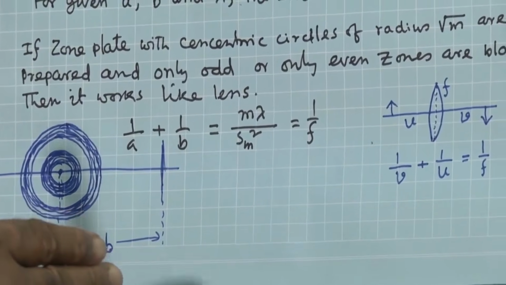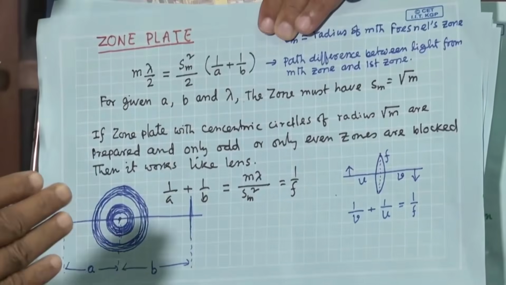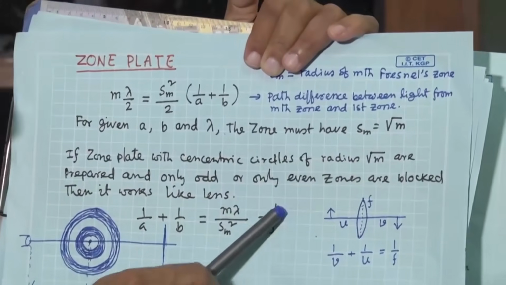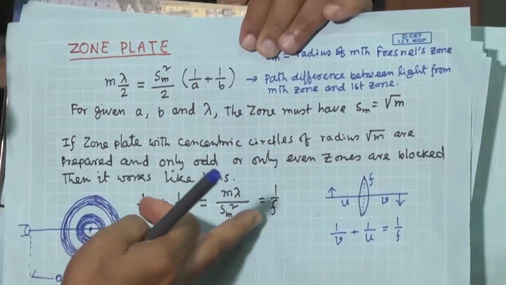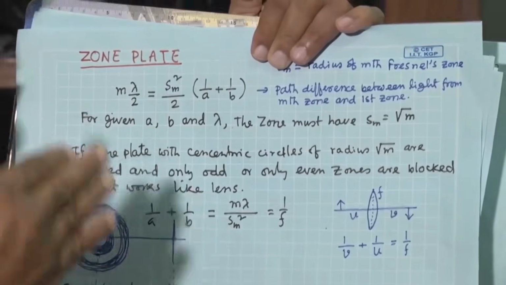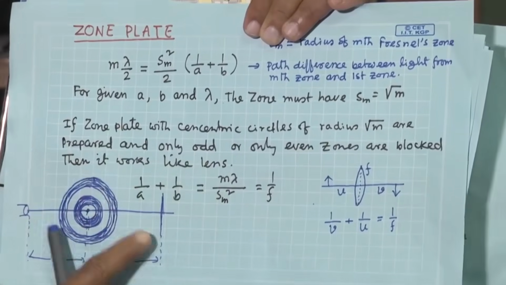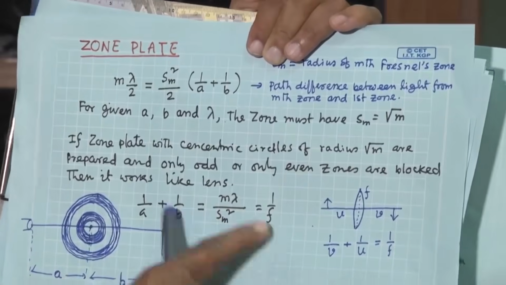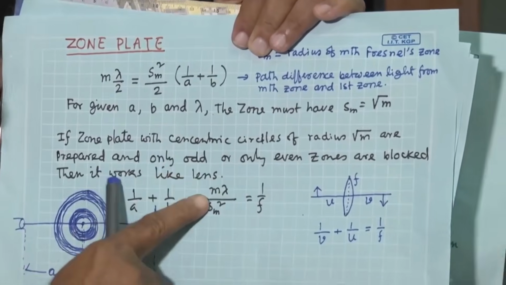It will be focused at different distances, and these distances will be the different focal lengths f1, f2, f3 for m equal to 1, 2, 3, etc. So we will find b_m or f_m for different m.